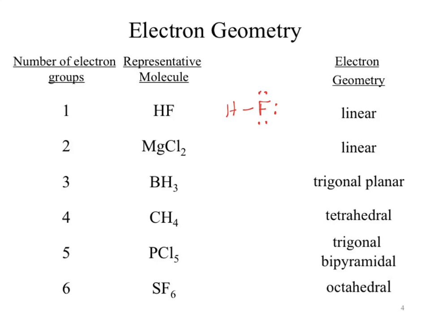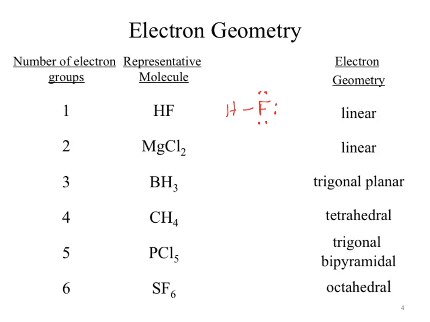What's our center atom? It really isn't a center atom. We could say the center of the molecule is the bond. So when we're going to try and look at electron geometry or electron groups or any of the shapes, we need to pick a center atom. Which do you think is the center atom I was referring to when making this slide?